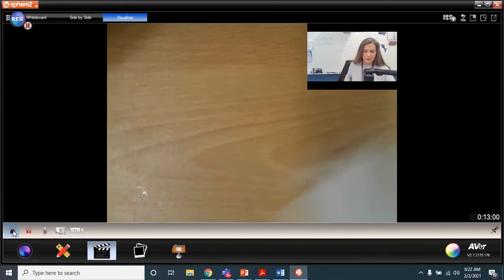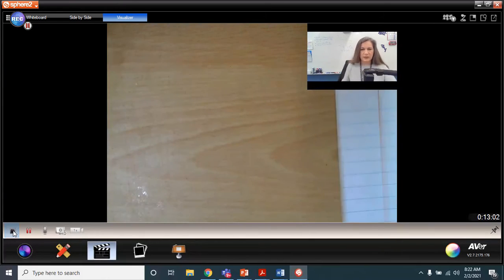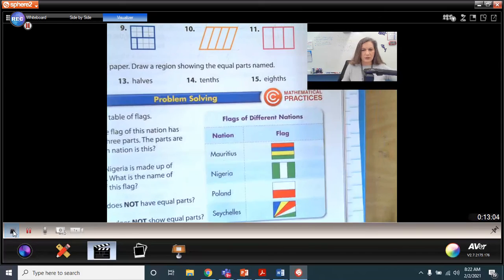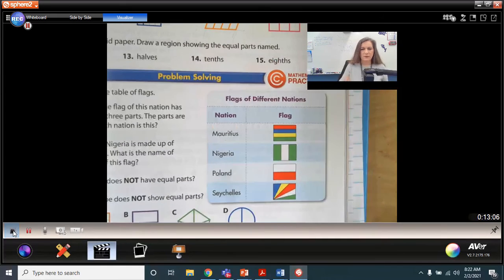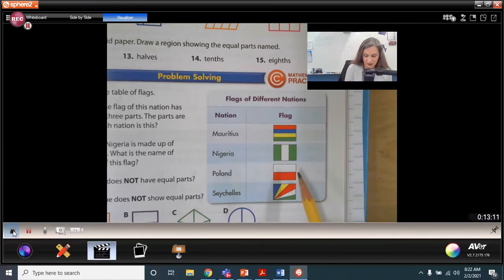Now let's take a look at number 16. We're using the flags in our book to help us understand partitioning of whole amounts. Each one of these rectangular figures is representing a flag of a country. So this is Mauritius, Nigeria, Poland, and Seychelles, I believe it is.